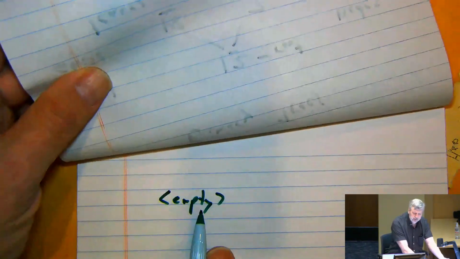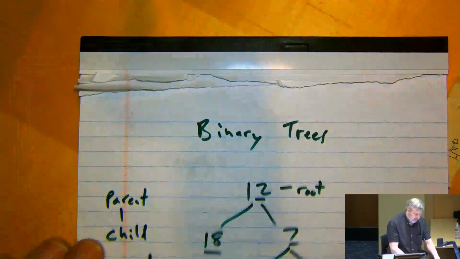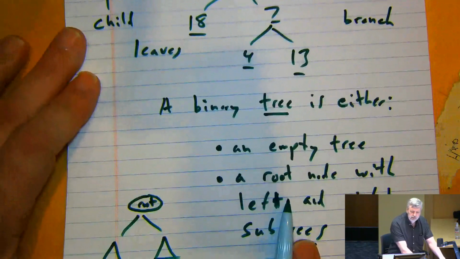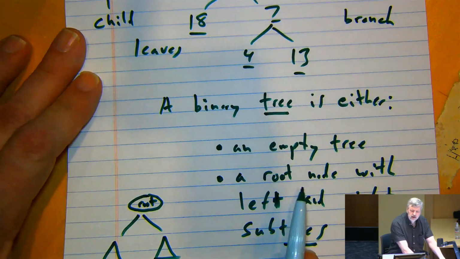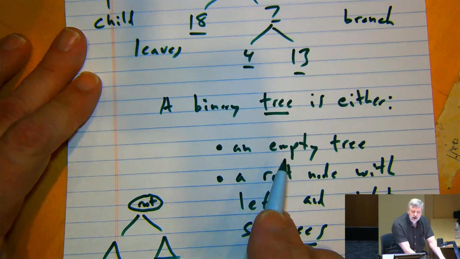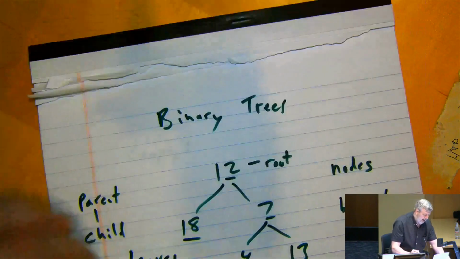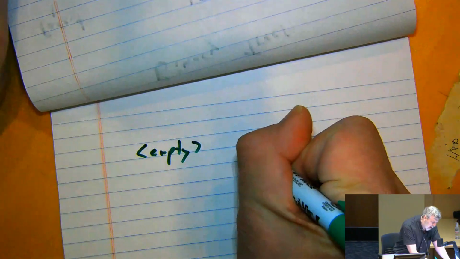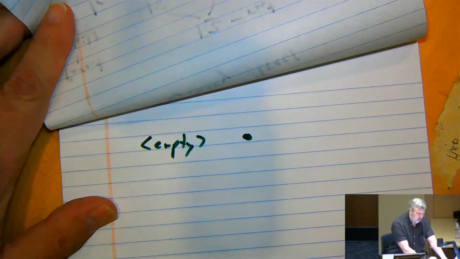But since having an empty tree is a possible kind of tree, then we can use the second part of the definition to say that a new kind of tree would be a root node that has left and right subtrees that are empty trees. So I can have a node. I'm going to just put a little dot for the node. I'm not going to draw any actual data because I'm just thinking about the different kinds of structures.